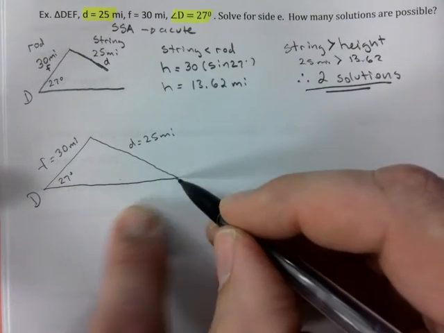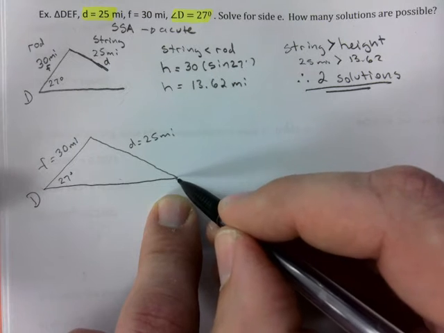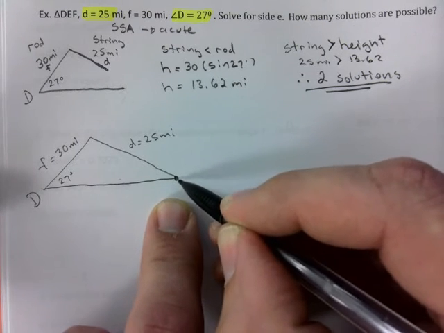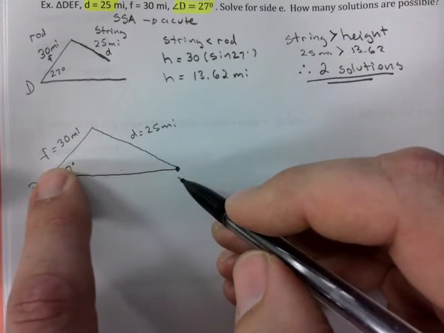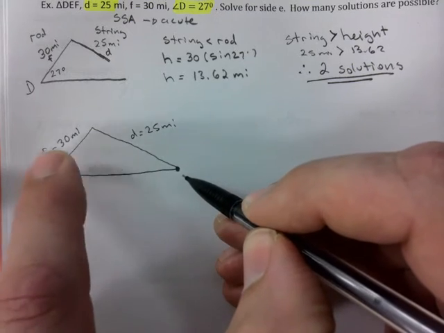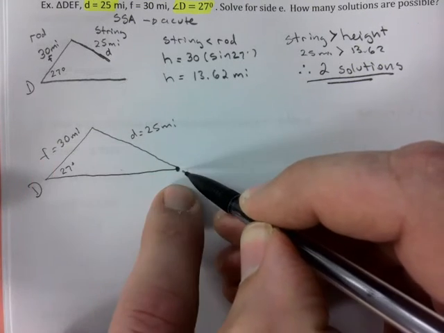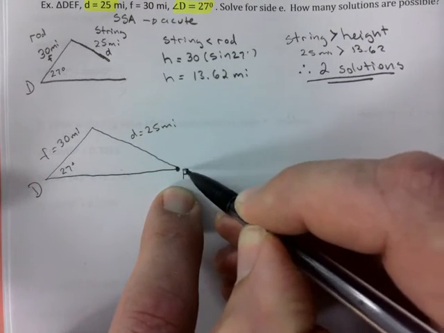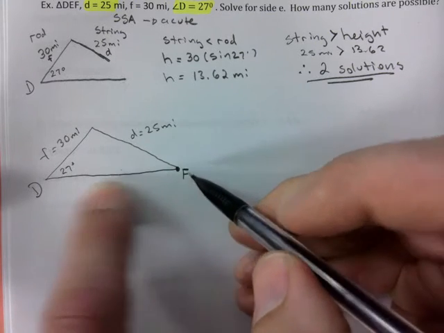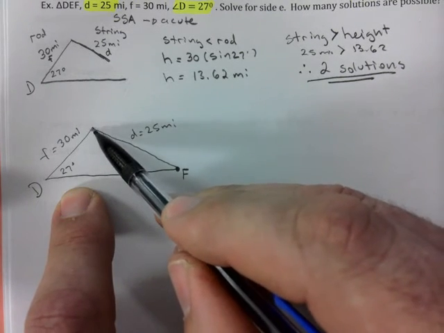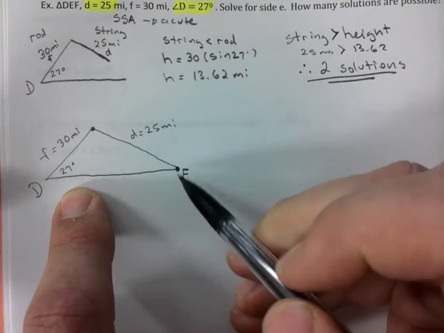Now I know it's going to close it. So what angle is on this corner right here? Angle F, right? Because I've determined that side F is here. And what's the other letter? What do I need still? It's DEF, right?